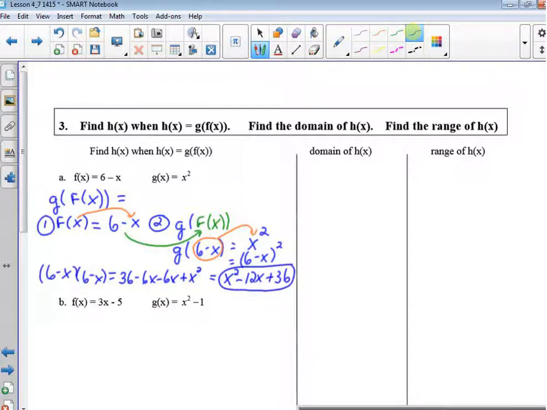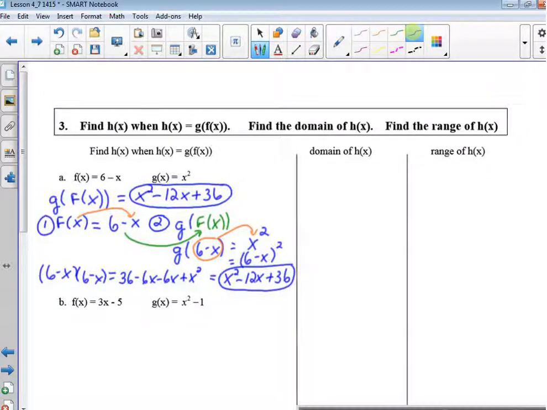So g of f of x is equal to x squared minus 12x plus 36. So I combined those two functions. So now if I was asked what's g of f of 7, I could just plug it into the combined expression: 7 squared minus 12 times 7 plus 36.